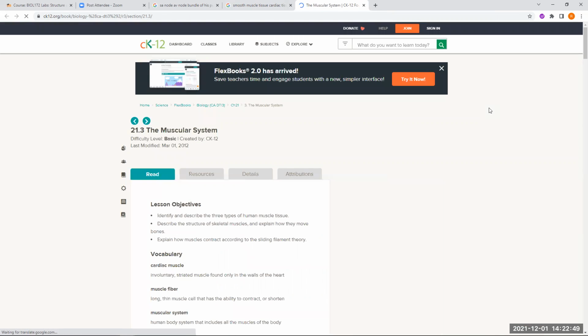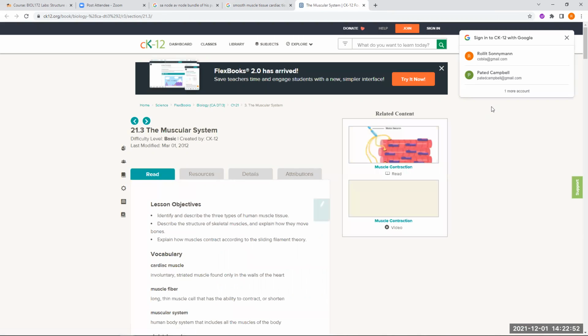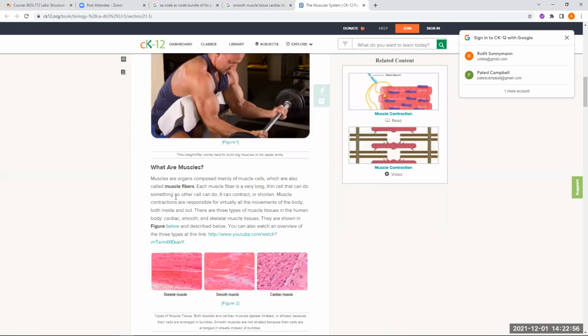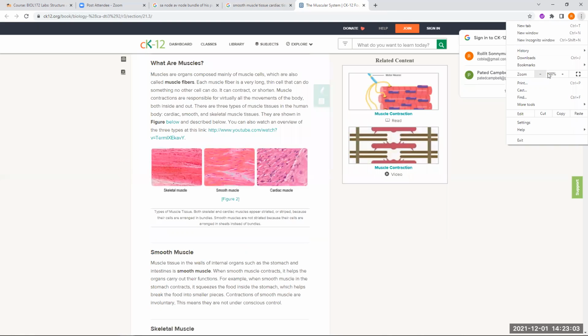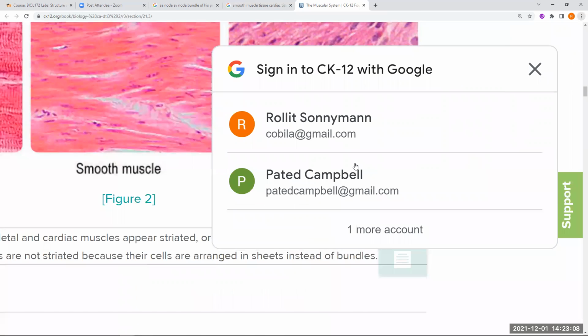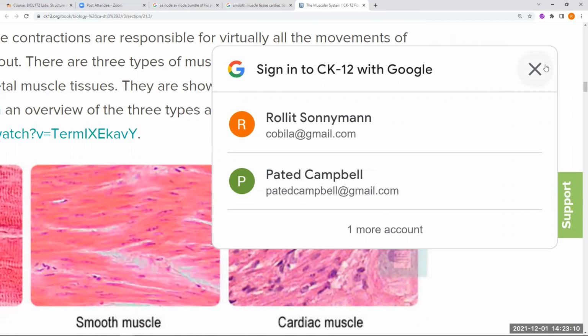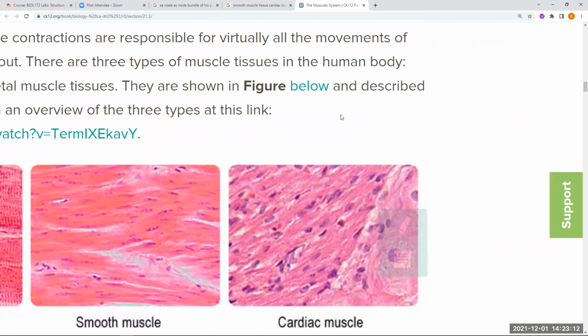So if you were to look at the different types of muscle tissue, you have cardiac, you have smooth, and then you have skeletal muscle. Right?